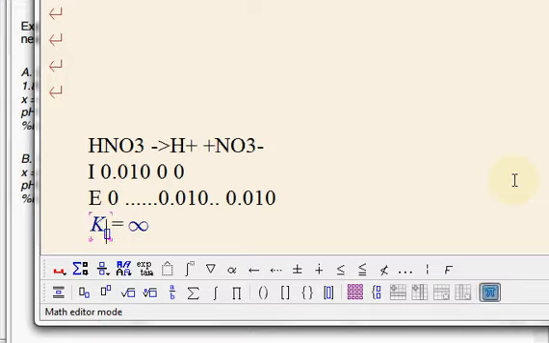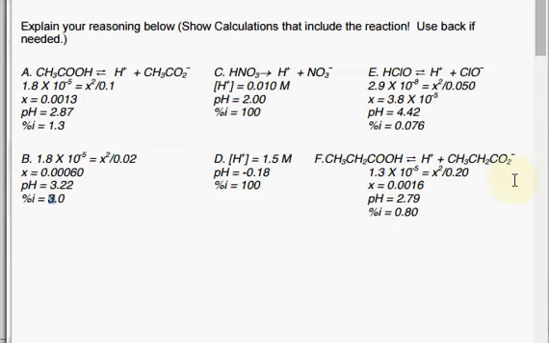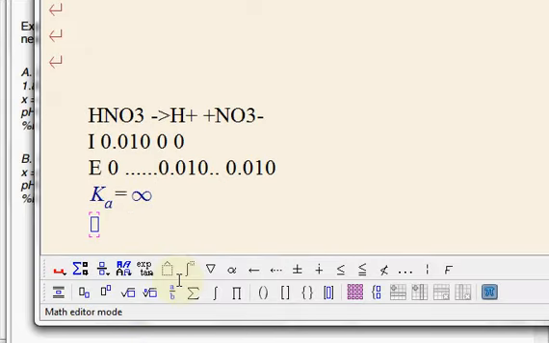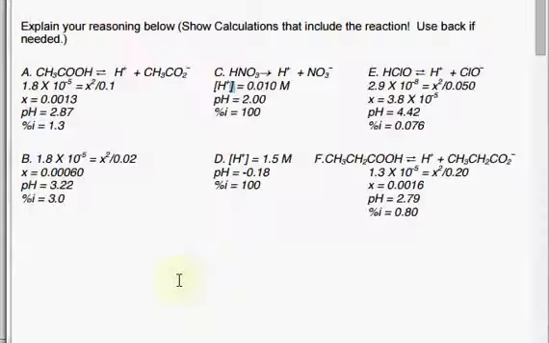It's unmeasurably high. That's why she doesn't even write that calculation line, because it's just a huge Ka. So you do the pH, the pH equals negative log of 0.010, which, as it turns out, is 2.